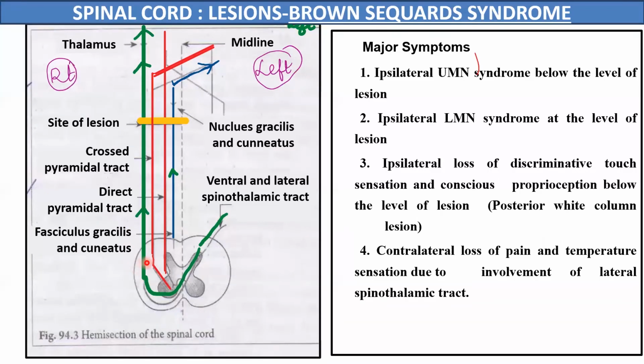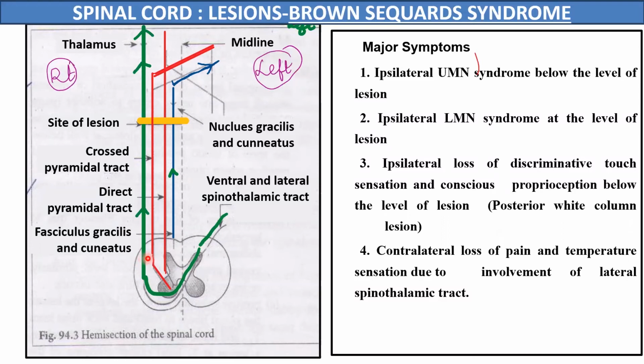So this right spinothalamic tract is carrying the pain and temperature sensations from the left half of the body. So that means there will be loss of pain and temperature from the left side of the body, even if the lesion is in the right half of the spinal cord.